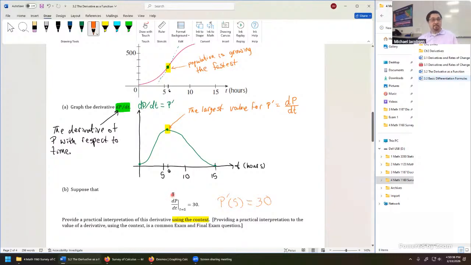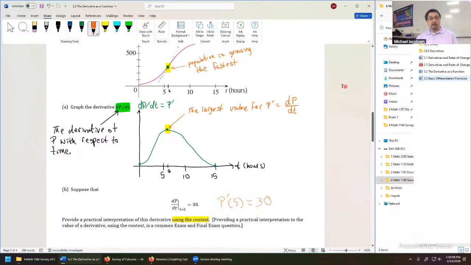So Leibniz notation, we would write out like this, dP over dt. This bar is called an evaluation bar. We're saying take the derivative, plug in 5 hours and evaluate it, and the output is 30. Or in ordinary prime and function notation, we're saying P prime at 5 comes out as 30.